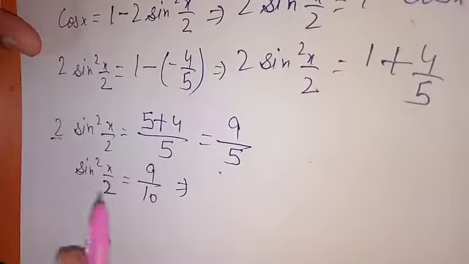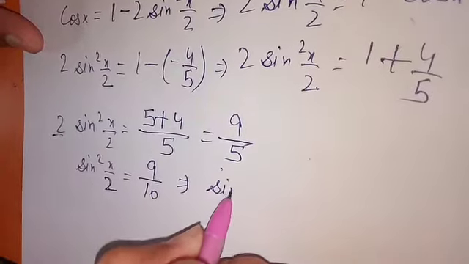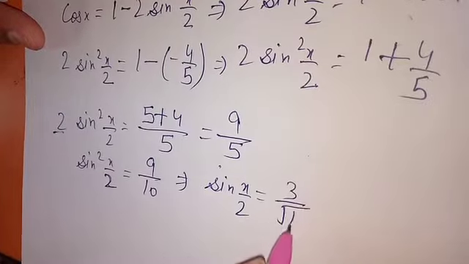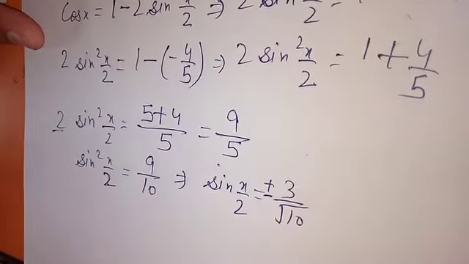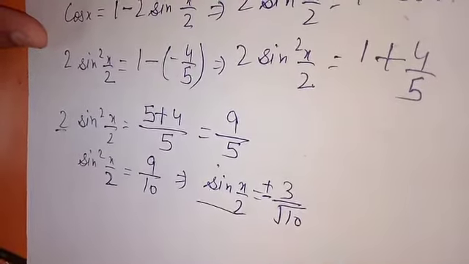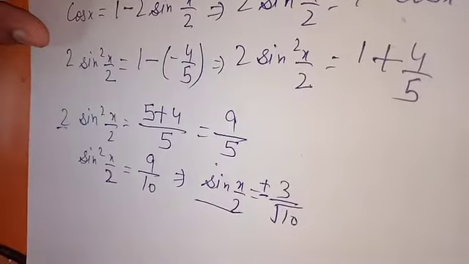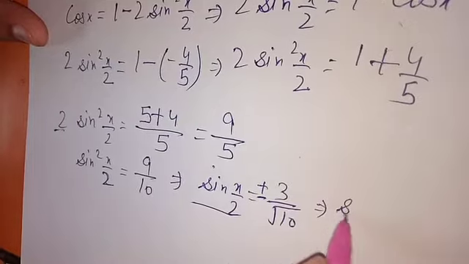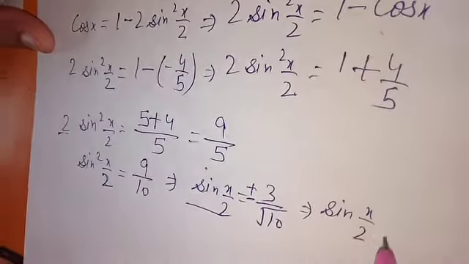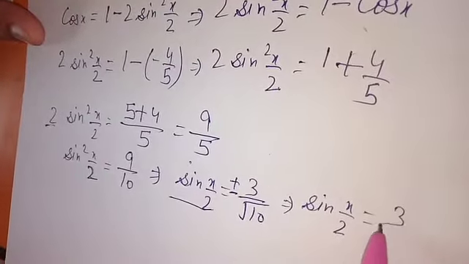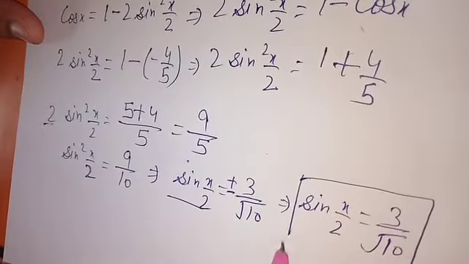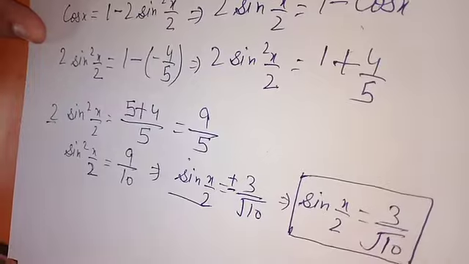So if I square root both sides, I will get sin x by 2 is equal to plus minus 3 by root 10. But sin x by 2 was positive, and if it was positive, we get the value of sin x by 2 equal to 3 by root 10. We have found the value of sin x by 2 also.